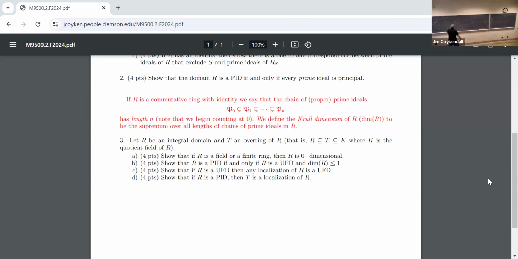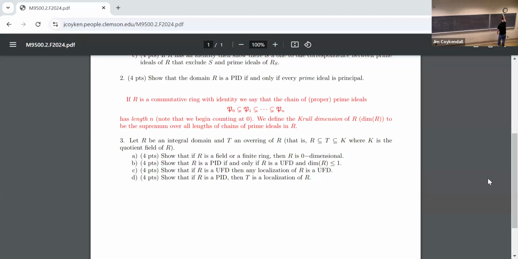Let me work through this. I claim that P is generated by P1, PK, up to Y1A, Y2A, up to YmA. There we go. That's what I should have done, I should have forgotten about the product.